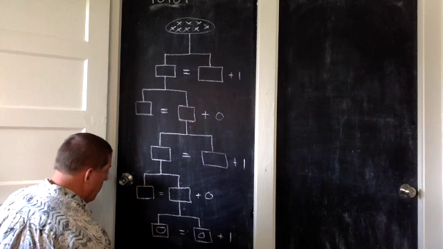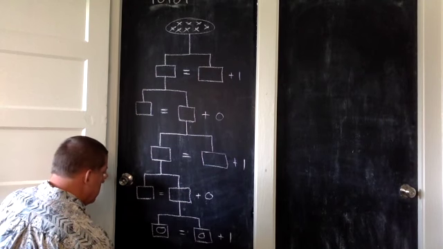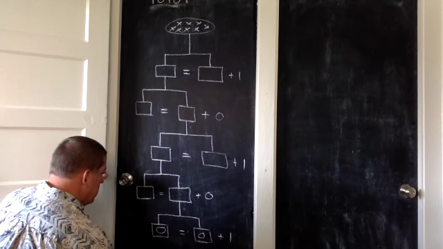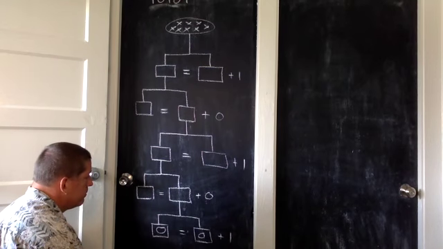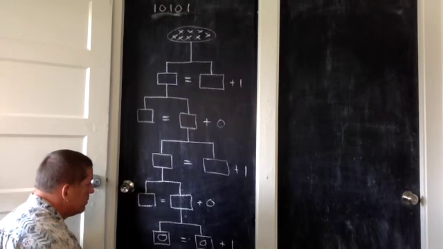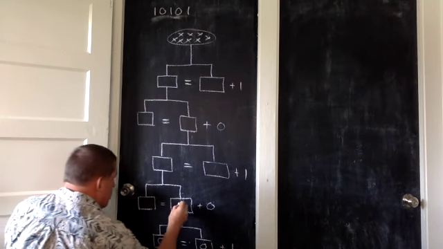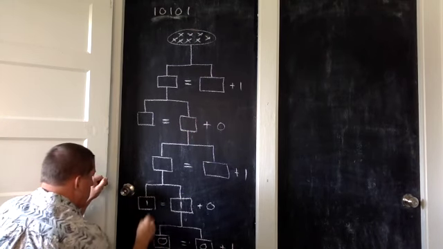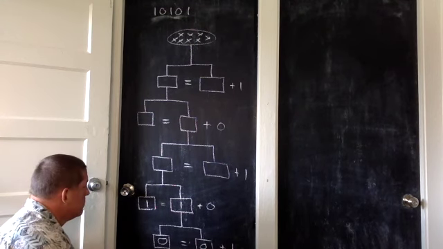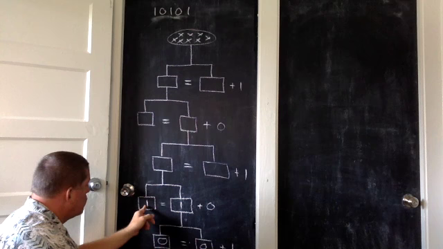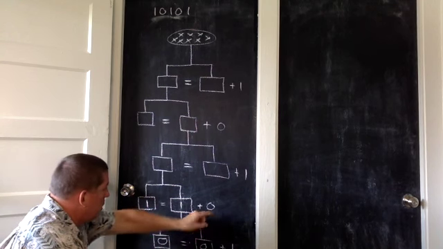Okay, so what does that mean here? That means we had that. So we had one sheep, and 0 remainder.